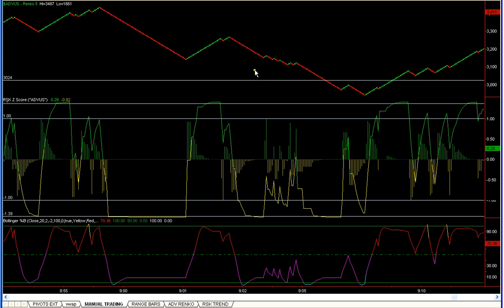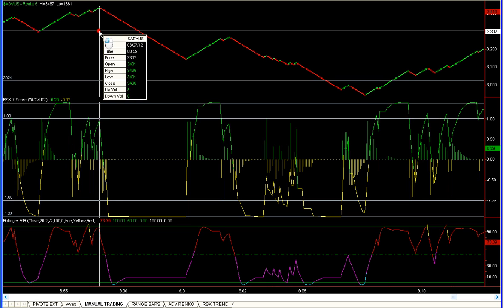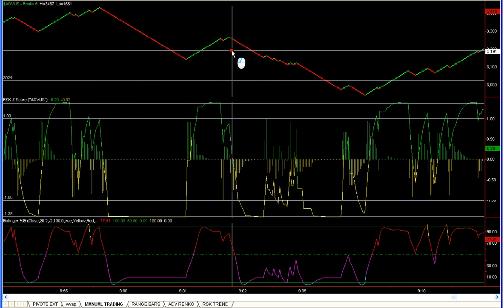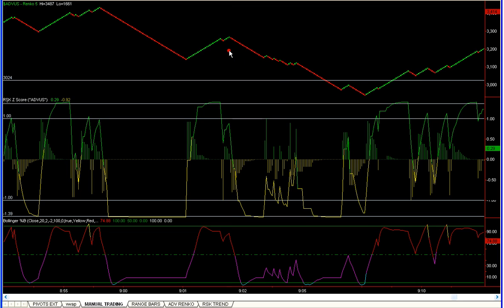Hypothetically, this is a lower high compared to over here, and you could be at a higher high on the Spoos. So don't worry about that relationship. It doesn't necessarily hold true.